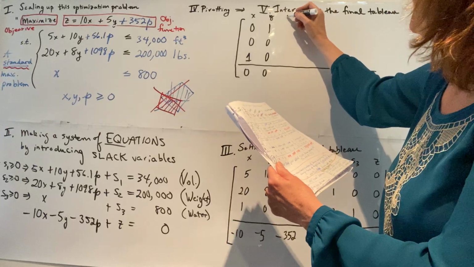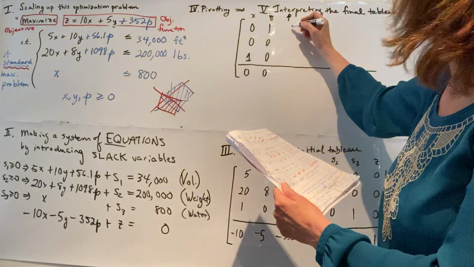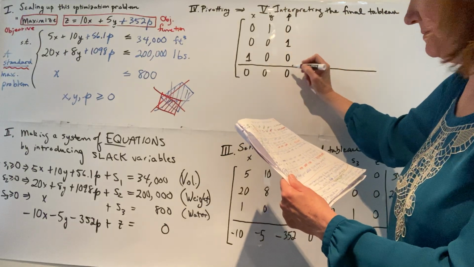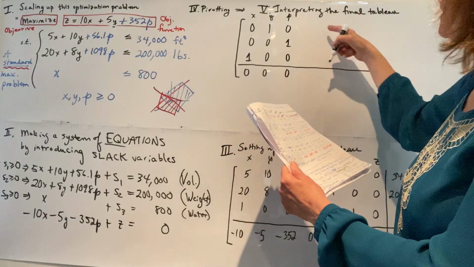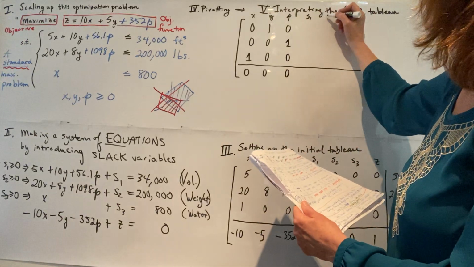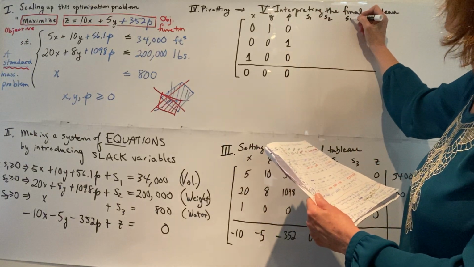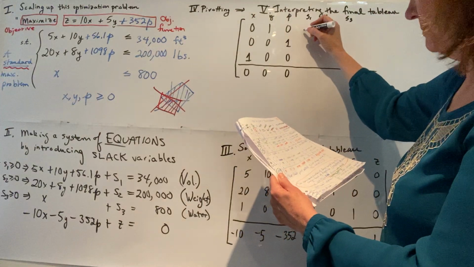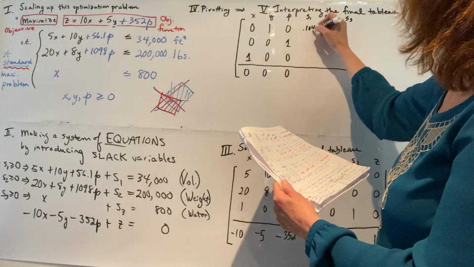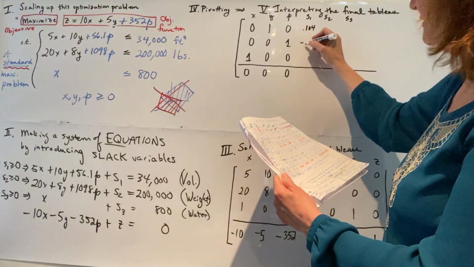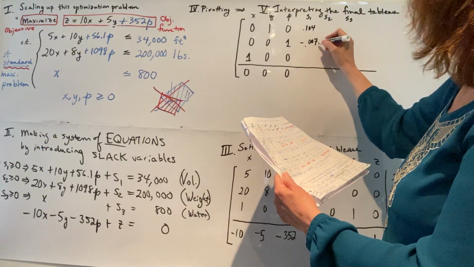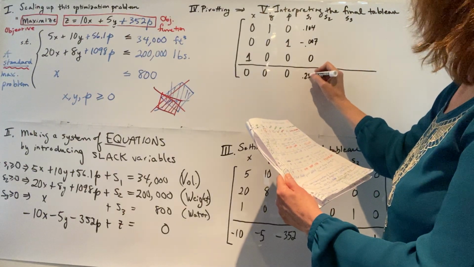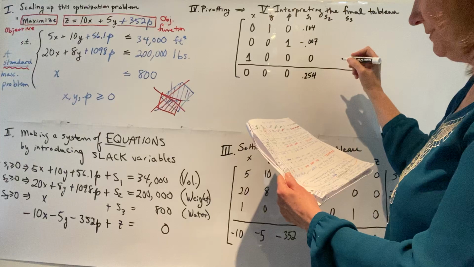The column to do with P had 0, 1, 0, 0. And then for S1, S2, and S3, we had these very busy looking columns. I had 0.104 in here, approximately a negative 0.007 in here. We had 1, 0 there, a 0.253, and a 4 there.